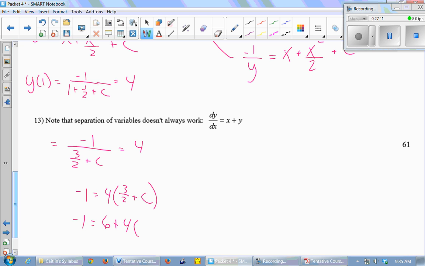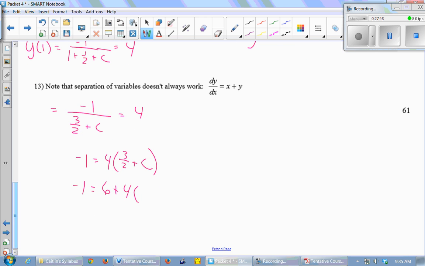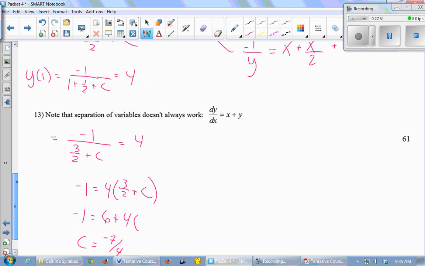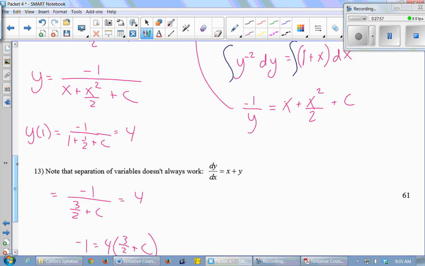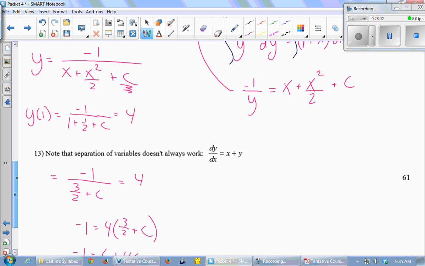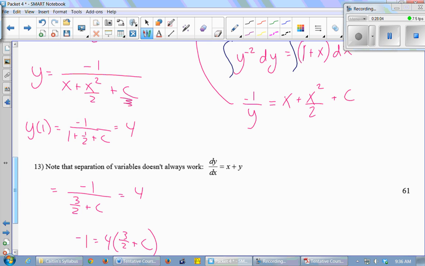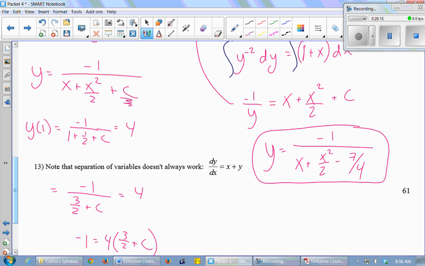So negative 1 equals 6 plus 4c when you distribute that 4. And then solve for c, and you get negative 7/4. So when you put that c in here, that is your final solution. Replace that c with a negative 7/4. So my final answer is y equals negative 1 over x plus x squared over 2 minus 7/4. That is the function that satisfies the ODE and the initial value.